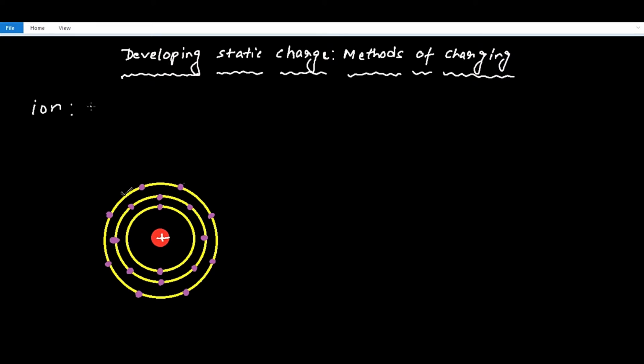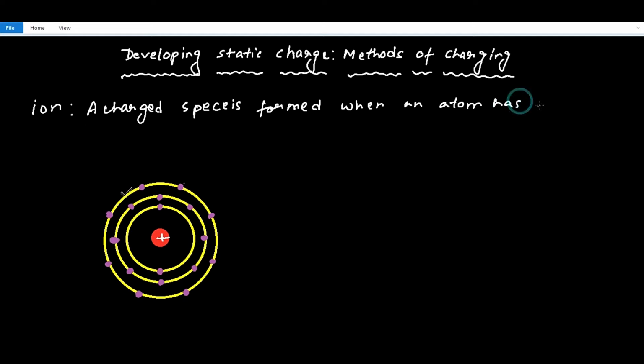So an ion is a charged species formed when an atom has a loss or an excess of electrons.